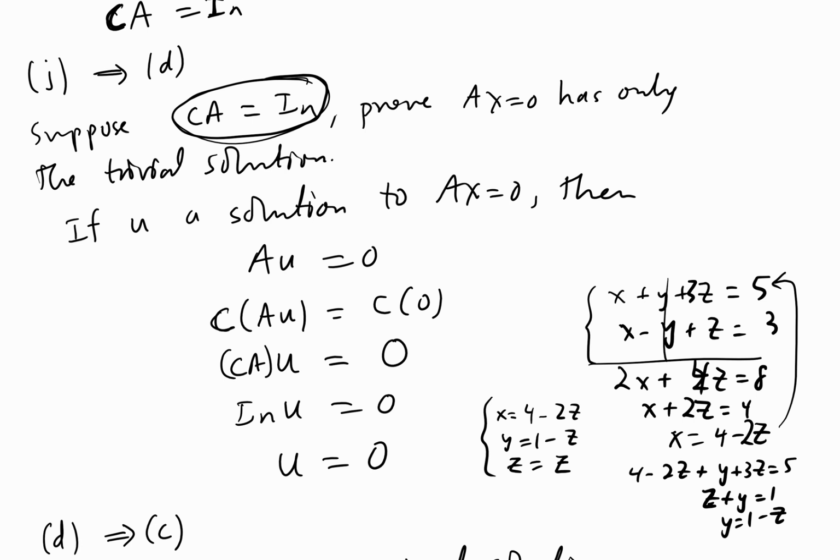So what do we call z in this case? The free variable, right? That's the free variable. So now in the matrix or pivot terms, what do we get for the free variable?